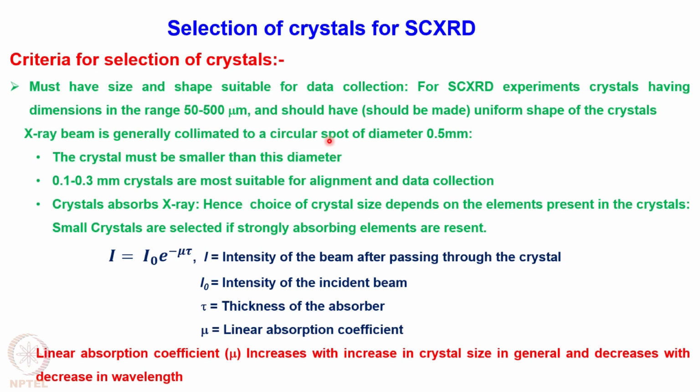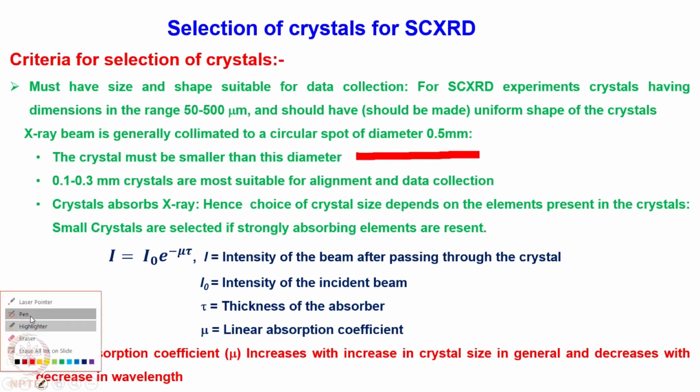If the X-ray beam is 0.5 millimeter, the crystal that we choose must be smaller than the beam, so that the entire crystal is immersed in the beam.